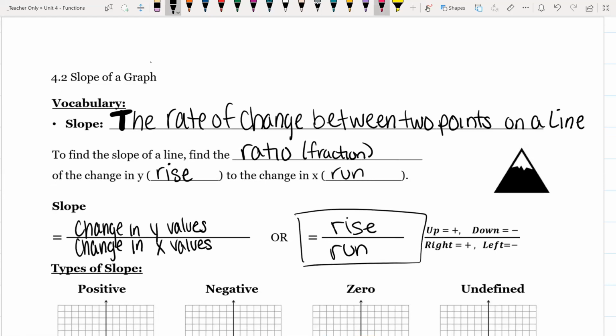So what rise over the run means is if it's going up or down, and then run means you're going left or right, right? So you're going up the hill, but to get up the hill, you have to go up and over, okay?